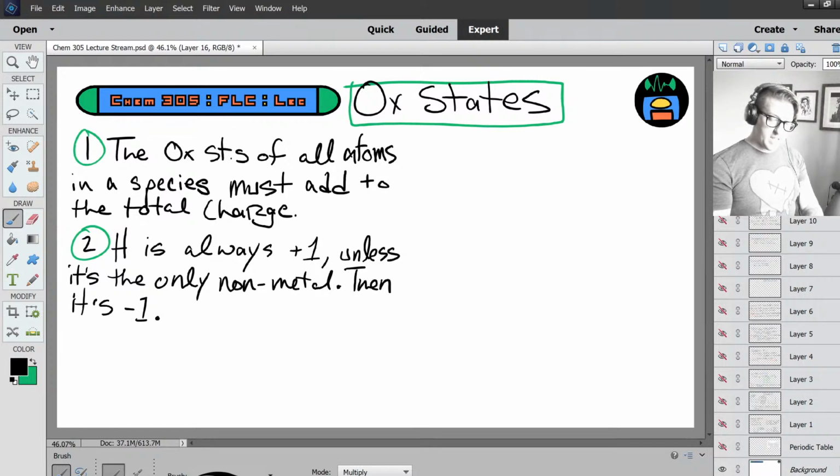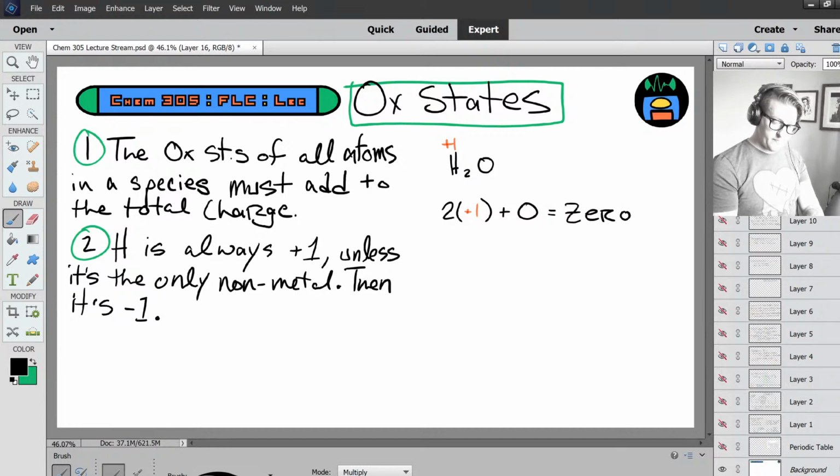So for example, if I asked you to assign the oxidation states for H2O, hydrogen will have an oxidation state of +1, all right, because oxygen's not a nonmetal. That's rule number 2. Then rule number 1 tells us that the sum of all the oxidation states, so our 2 H's plus our oxidation state for oxygen, has to equal our total charge, which is 0.